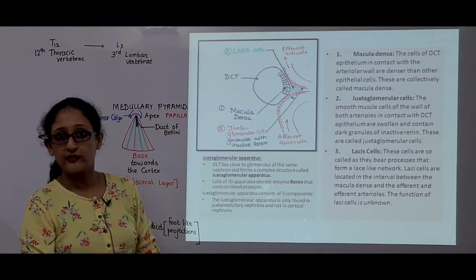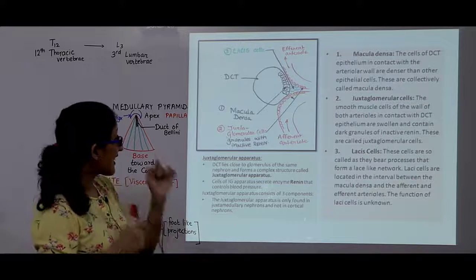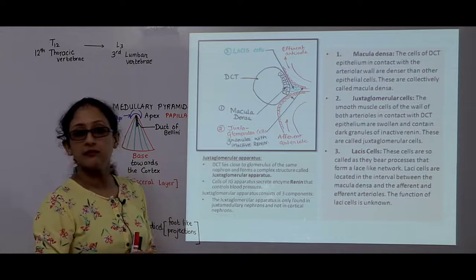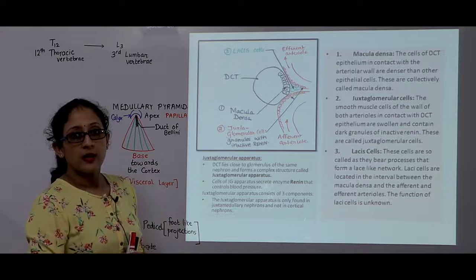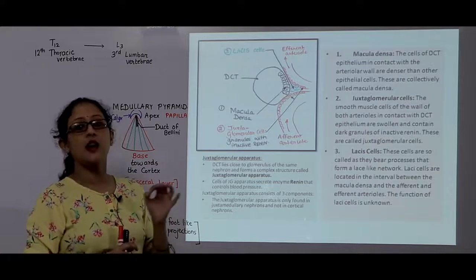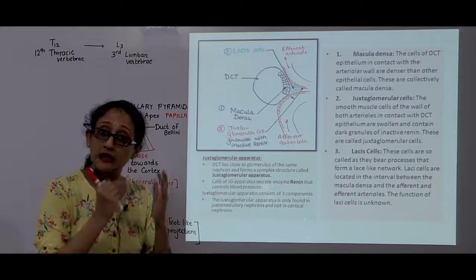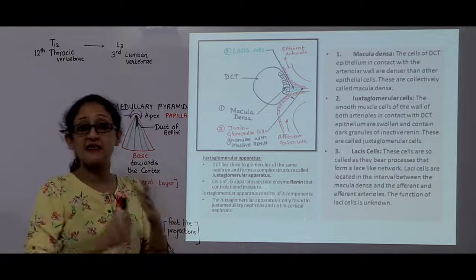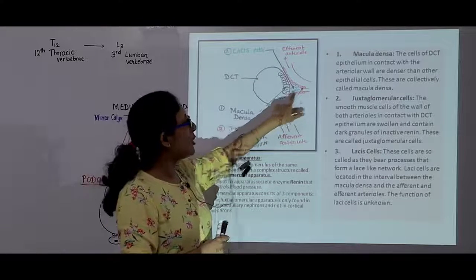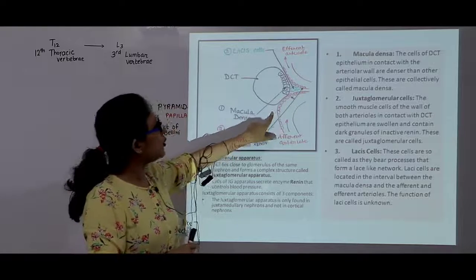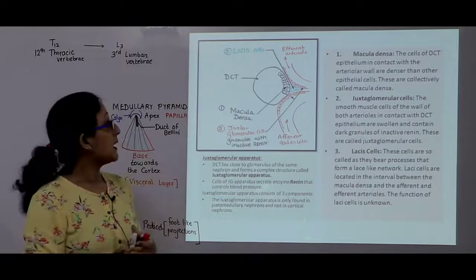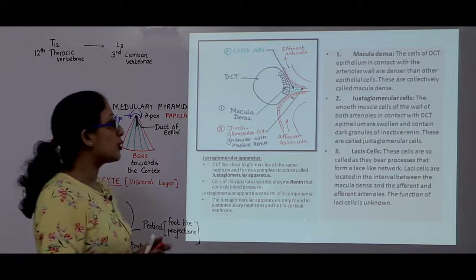The dots are those granules which ultimately produce inactive renin. So the juxtaglomerular cells of the juxtaglomerular apparatus are the cells of the afferent and efferent arterioles which contain those small dark granules containing inactive renin. So the red portion is the juxtaglomerular cells.